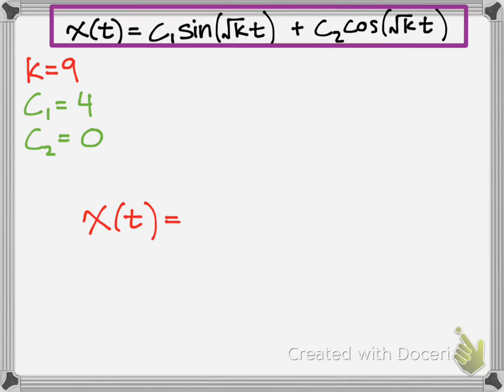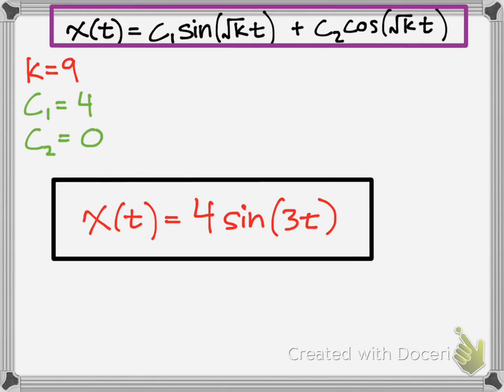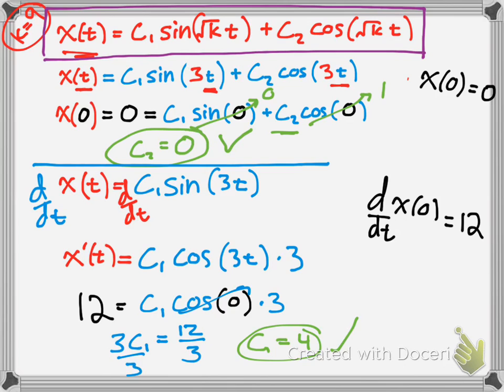So our first constant is 4 times sine of the square root of 9, which is 3t. And then if you plug in 0, everything is 0. So this is your answer right here. And we just figured out the specific solution when using the two initial conditions to calculate our answer.